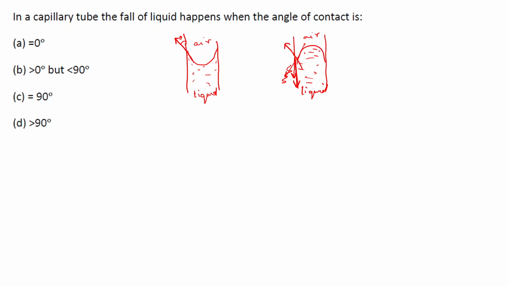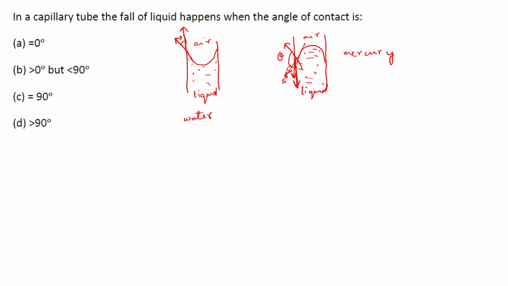Here there is an acute angle, but in the other case there is an obtuse angle. And when does this case happen? This case happens for liquids like mercury, and maybe some other liquids, while the concave case happens usually for liquids like water.